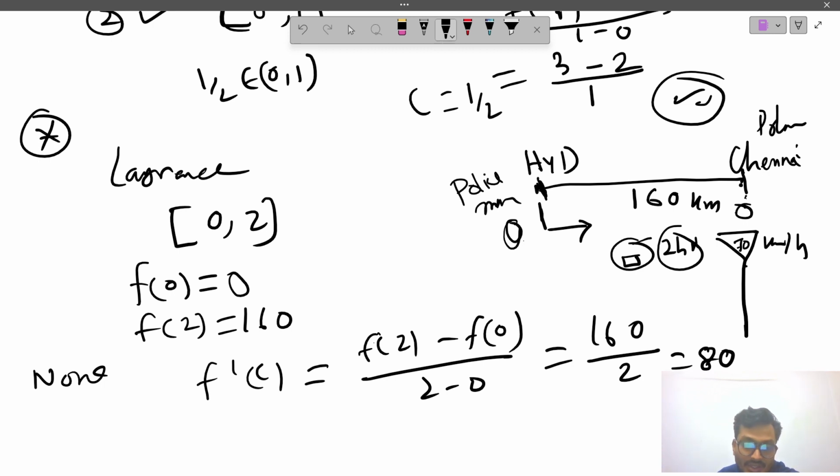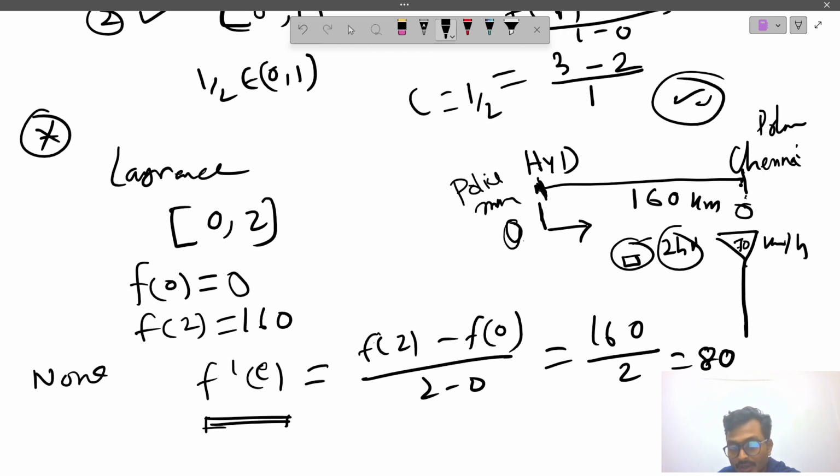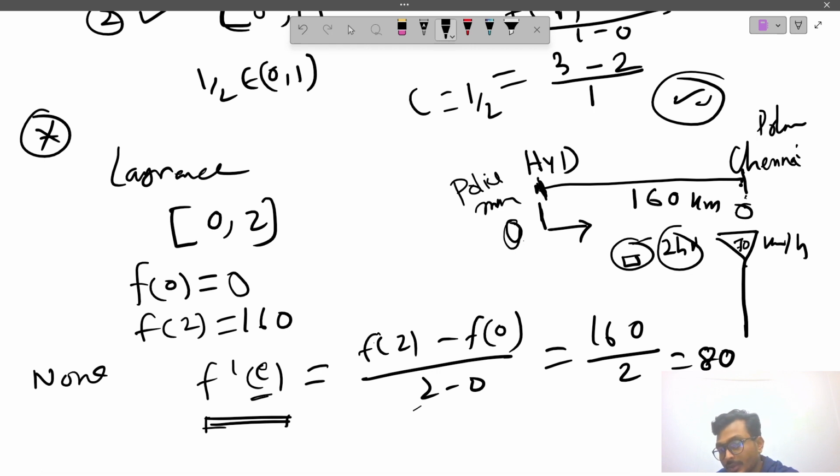Now what does f dash c represent? F dash c represents the instantaneous rate of change at c, right? That means here it is the instantaneous velocity at c, and this is the average velocity, right? The average velocity we get is 80, and this is some instantaneous velocity. Now at the speed breaker it is given that you cannot cross the limit of 70, but the average velocity is 80.